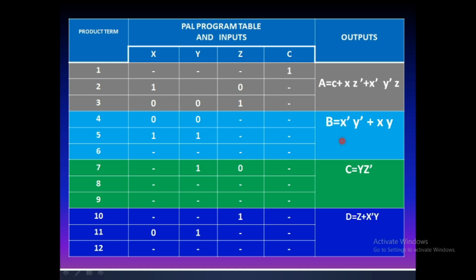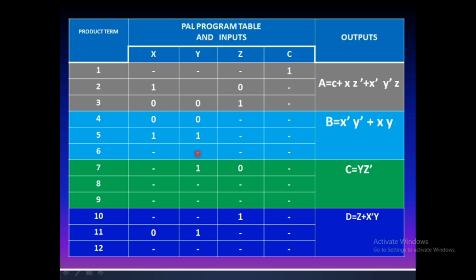Coming to my second function B, which is x bar y bar plus x y. I write a 0 under x and a 0 under y for x bar y bar, and for the next product term, x y, I write 1 under x and 1 under y.